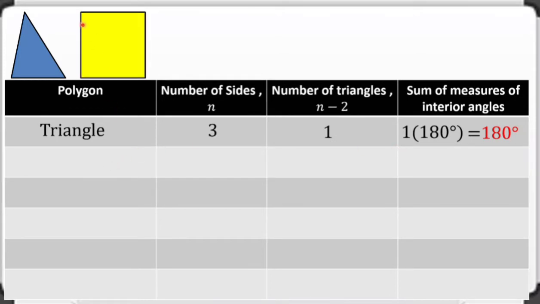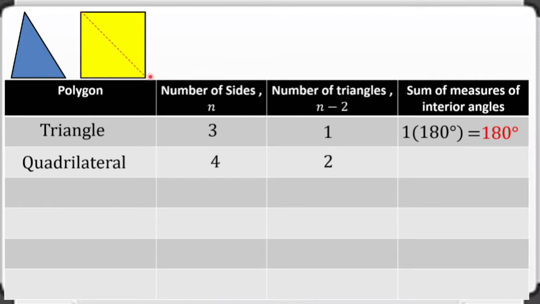Next, what about this one? What kind of polygon is this one? Correct, that is quadrilateral. How many sides does it have? We have 1, 2, 3, 4. So our answer here is 4. And then let us draw a diagonal. How many triangles are formed when we draw a diagonal?